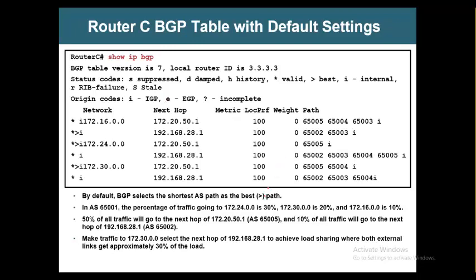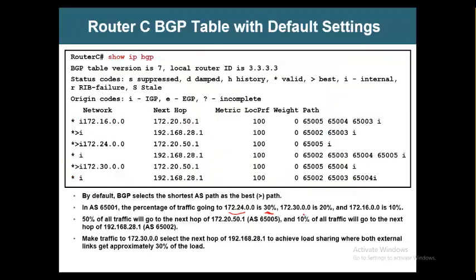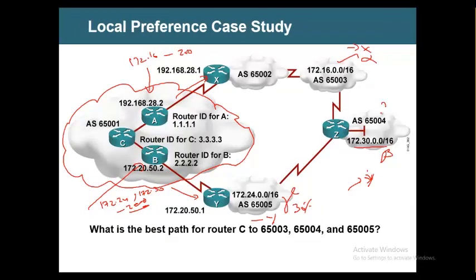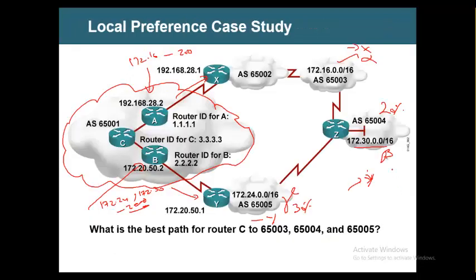You found that 30% of traffic is for 172.24. Where is 24? Here. 30% of traffic needs to come here. And 20% of traffic is for this destination. And 10% of traffic is for this destination.